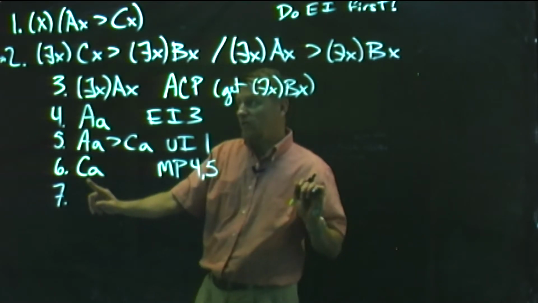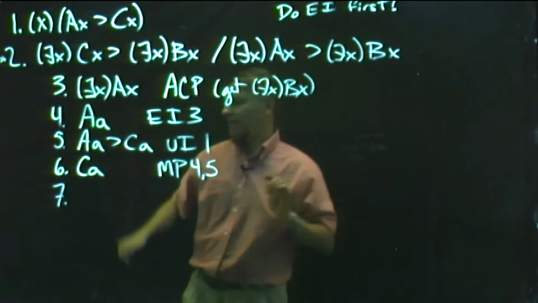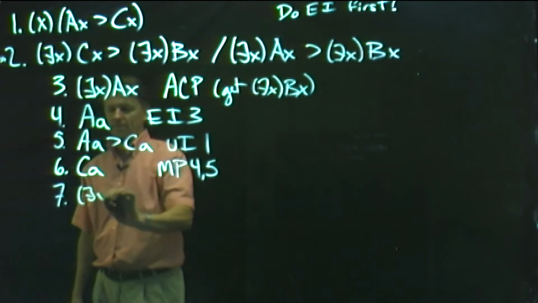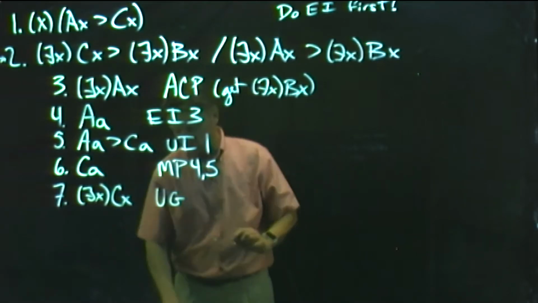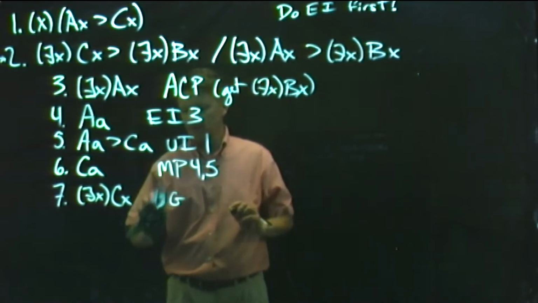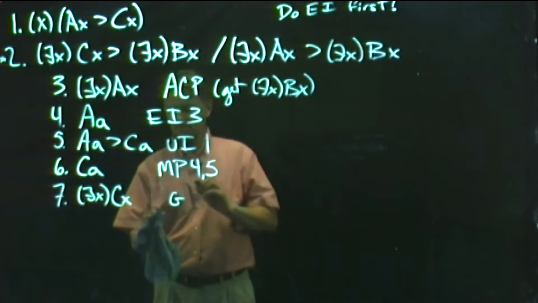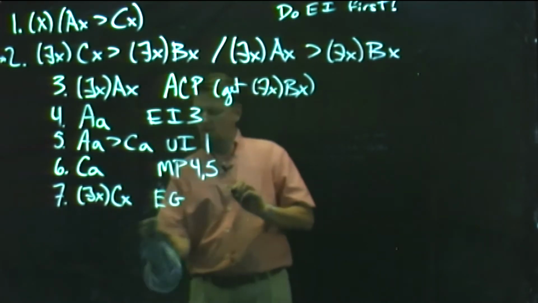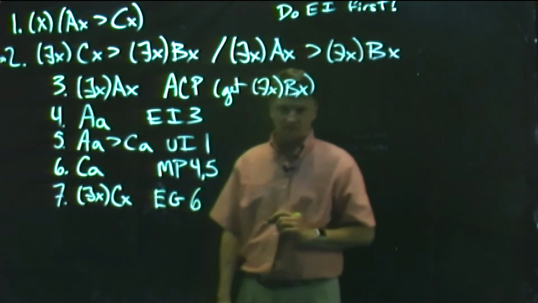Can we add on the existential quantifier to line 6 on the other hand? Why, yes, we can. Not UG, of course, but EG. When we're adding the existential quantifier, that's EG on line 6.